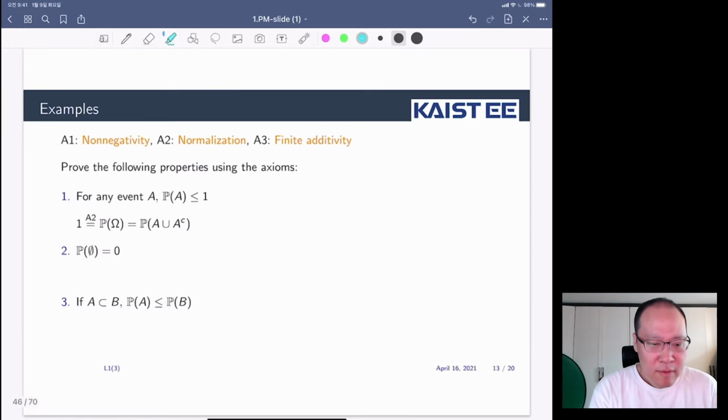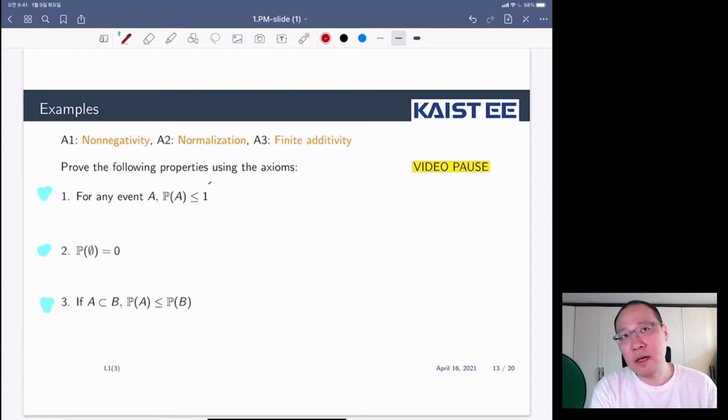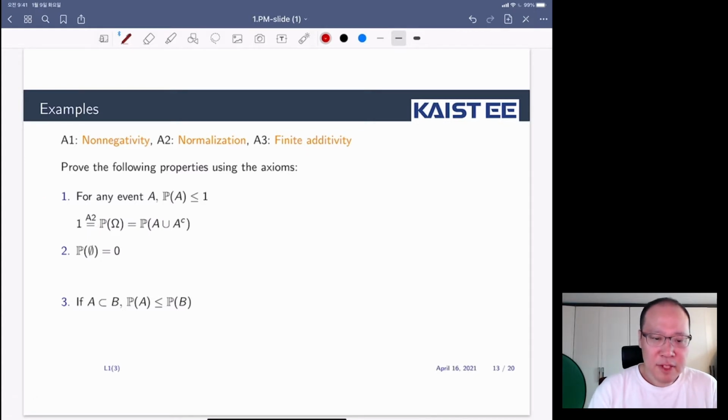Okay. First is that for any event, the probability should be less than or equal to 1. Okay, it looks too natural, but we need to prove it using these three axioms. First, from the second axiom, the probability of the whole sample space is equal to 1. Now, the sample space omega is the union of two disjoint sets A and A complement.